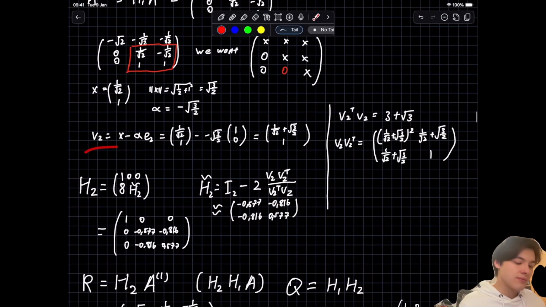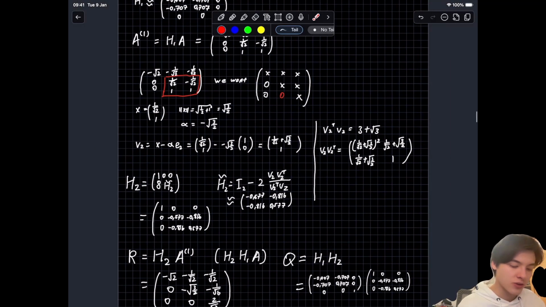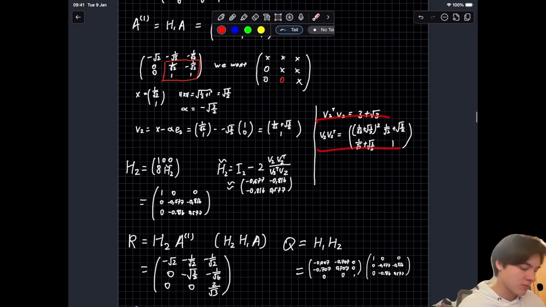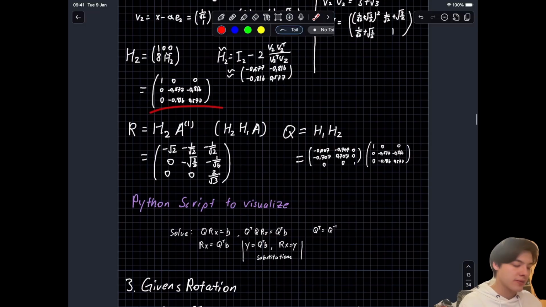So the same thing again: we calculate V2, we calculate these two numbers, and then we can make our H2, or the H2 tilde. Our Householder matrix is this number, and to get our H2, we just have one on the diagonal and fill out this with H. So it would look like this.